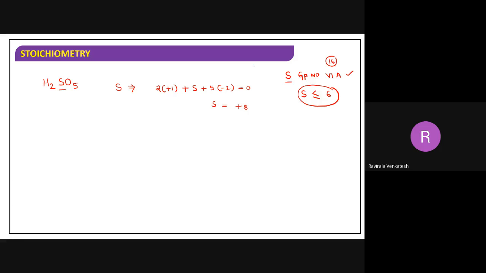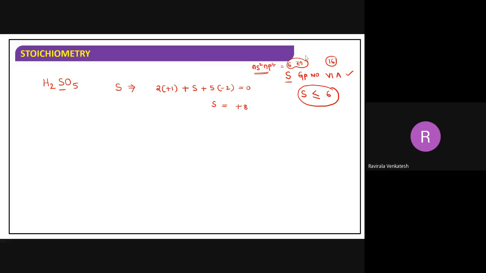6th A means how many valence electrons it has? ns2 np4, so total it has only 6 electrons. Now if you have 6 electrons, how many electrons can you lose? More than 6 is possible? No sir.